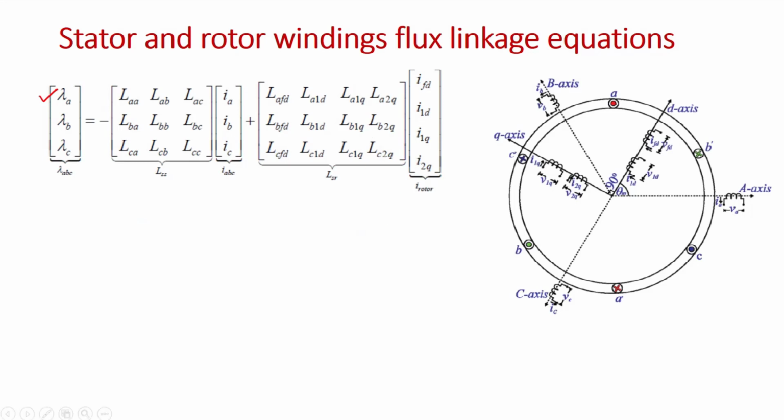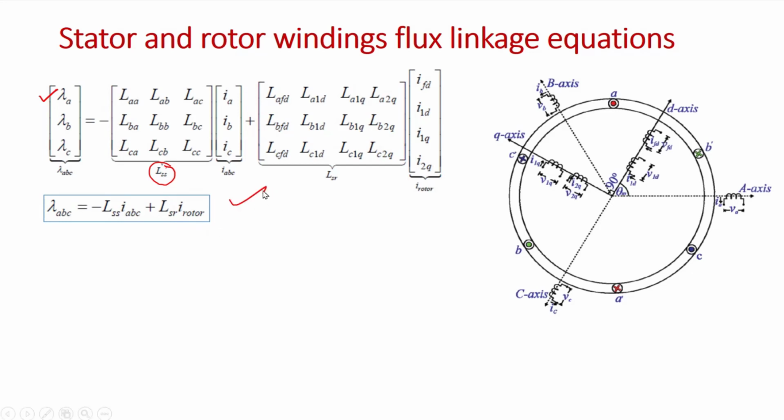Now, lambda ABC will be equal to minus LSS, representing the stator side inductance, into IABC. Similarly, I write this matrix as LSR, the inductance of the stator with respect to the rotor. So lambda ABC equals minus LSS IABC plus LSR I rotor.